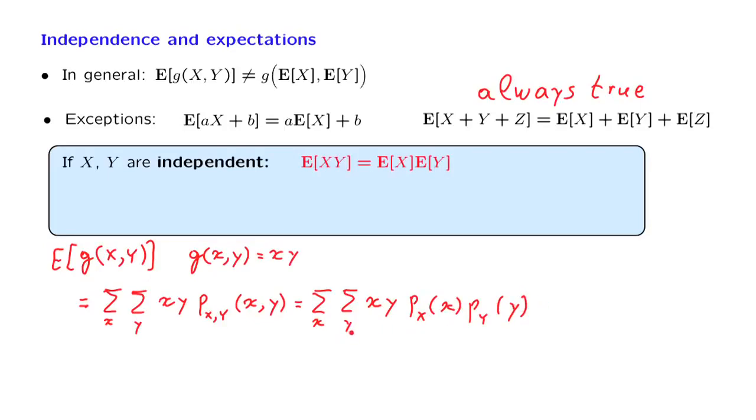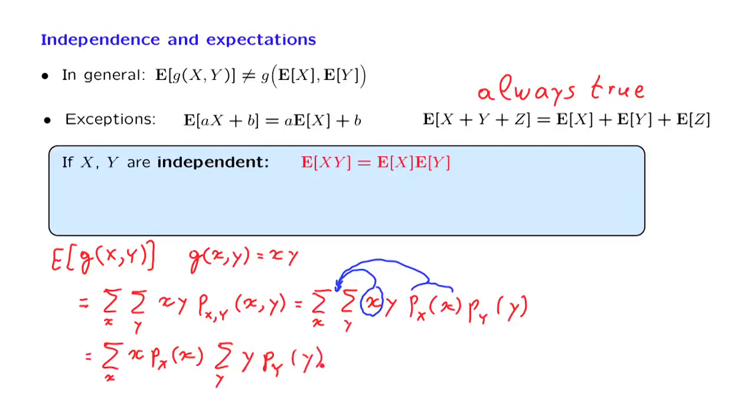And now when we look at the inner sum over all values of y, we can take outside the summation those terms that do not depend on y, and so this term and that term, and this is going to yield a summation over x of x times the marginal PMF of x, and then the summation over all y of y times the marginal PMF of y.